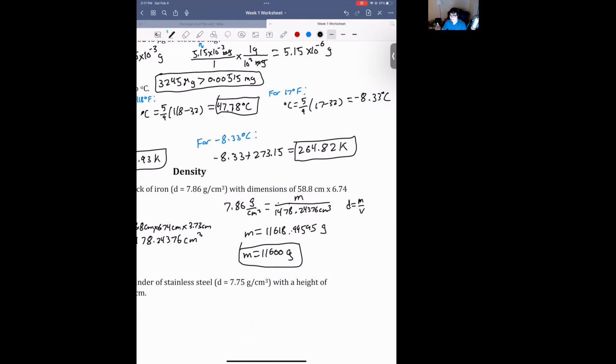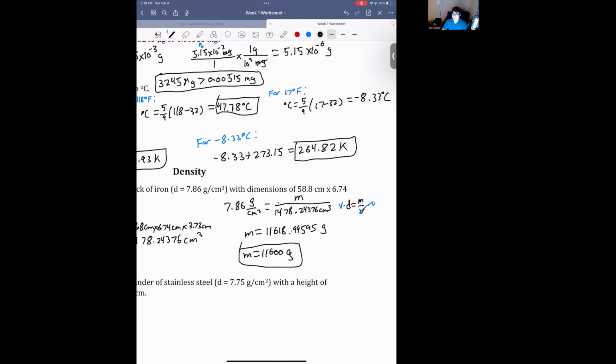Or sorry, the mass. If you want the mass, you're going to multiply both sides by the volume, right? It's just algebra. You can cross out those variables, just again, like you would in algebra. You're just isolating one thing in the equation. It's just in terms of variables, there's no numbers.